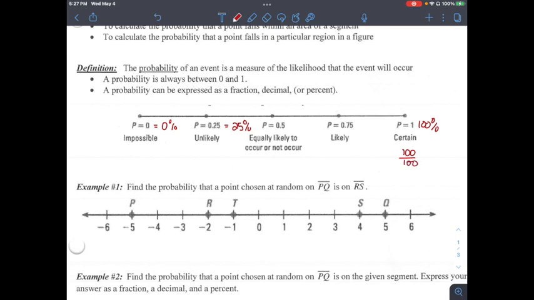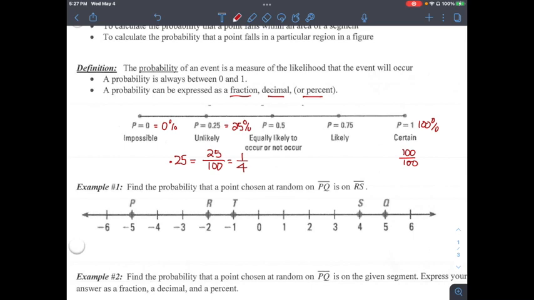Now, if it's 25%, you will say 25 over 100, and of course you have to reduce it, because that's the rule for fractions. So in this case, that is 1/4. So 25% can be written as 0.25, 25 over 100, or 1/4. That's why you have three different ways of writing it.